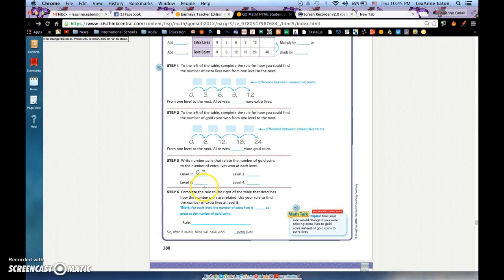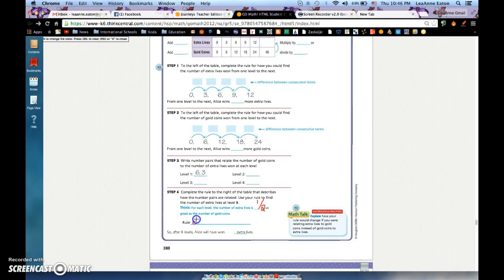So now we're going to complete the rule. And the rule is what we did up here where I said multiply by 2 or divide by 2. We're going to think, for each level, the number of extra lives is 2 times, oh, this is switched. The gold coins, go ahead and cross this out and write gold coins, and write GC for gold coins, is 2 times as great. Or you could think that the extra lives are, because we do know fractions, 1/2 as great.